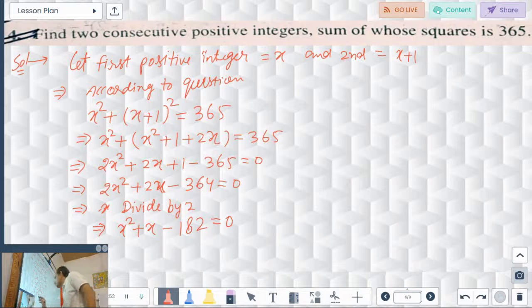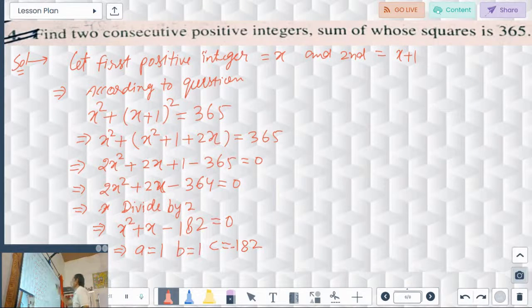Now compare with the standard equation ax square plus bx plus c. Now a equal to 1, b equal to 1 and c equal to minus 182.